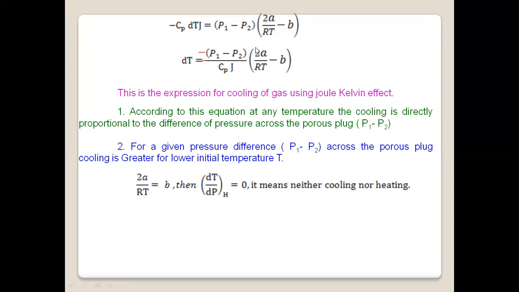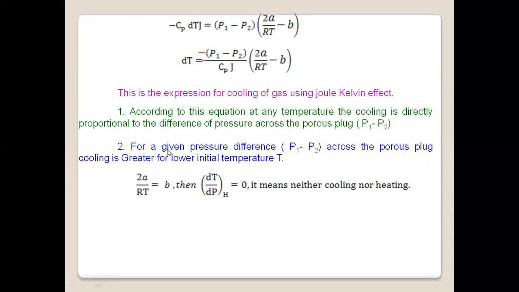From this equation, if 2a by RT is equal to b, then 2a by RT minus b is equal to 0, and dT is equal to 0. It shows no cooling or heating effect, neither a heating effect nor a cooling effect.